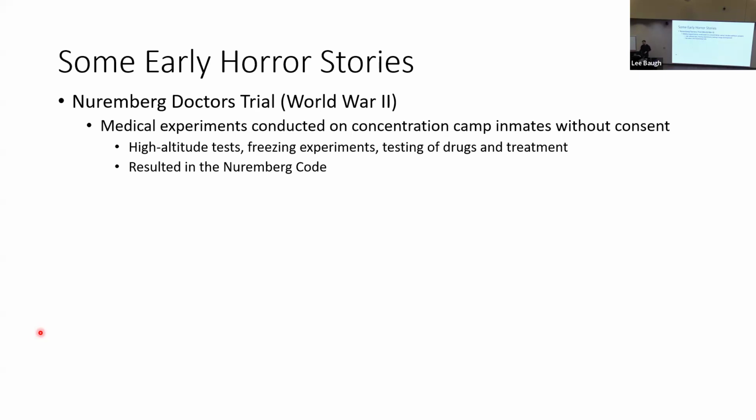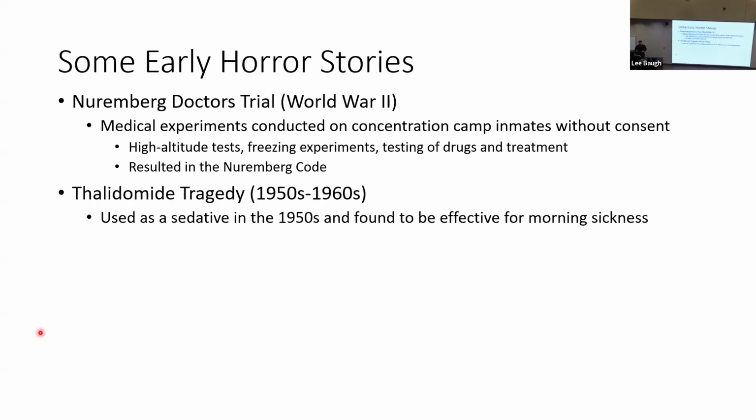There was a lot of testing of drugs and treatments, just seeing what this dosage of this pharmacological agent does to the body. So definitely a low point in clinical trials, and some horrific things were done during that time, but it did result in what we now refer to as the Nuremberg Code, which was one of the first steps in really putting into practice laws to prevent this sort of stuff from happening in the future.